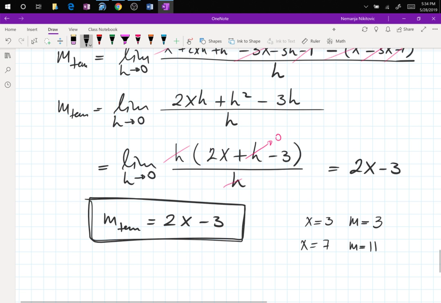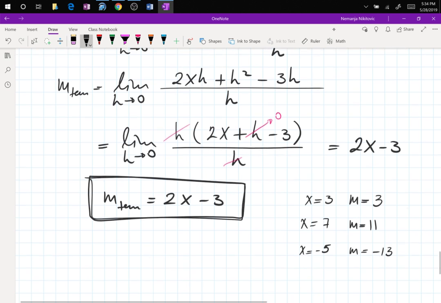And those are the ones that we calculated a long way, right? Remember how I said I would like to know about negative 5? Well, now that's easy. What's the slope? Negative 13.